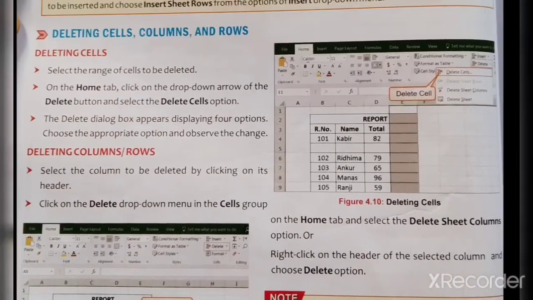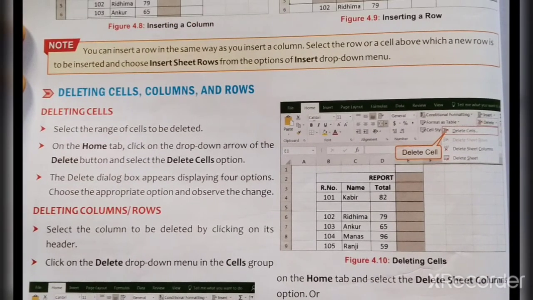On page 44, this would be our last topic for today, that is deleting cells, columns and rows. We will learn how to insert and how to delete cells, columns and rows. This will be understood practically. So keep your books ready and please see page number 43 and 44 simultaneously.